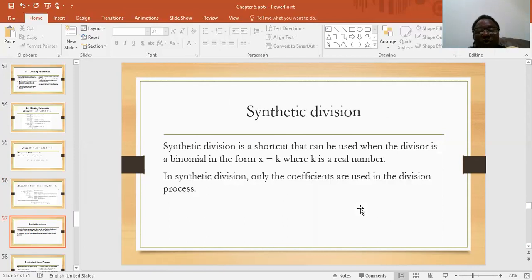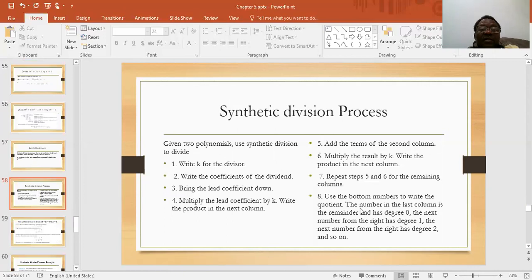Synthetic division is used when you are dividing a polynomial by a binomial of the form x minus k. In synthetic division, we ignore the variable x and we only use the coefficients.